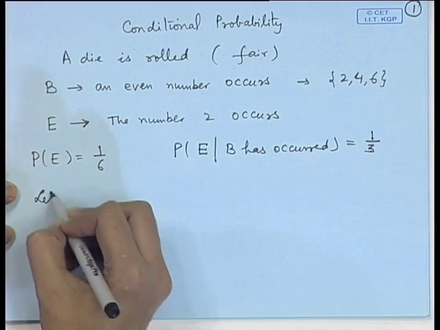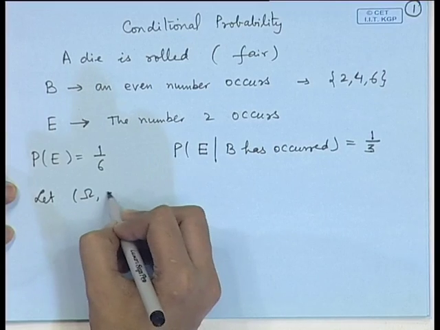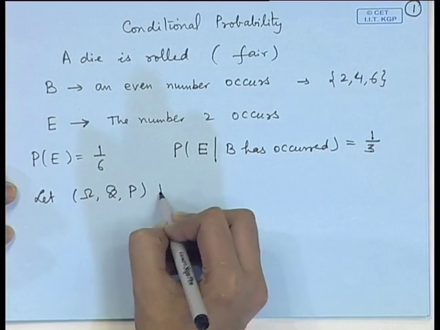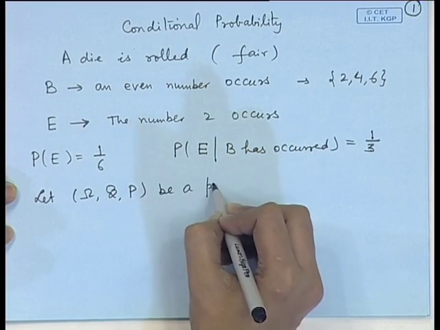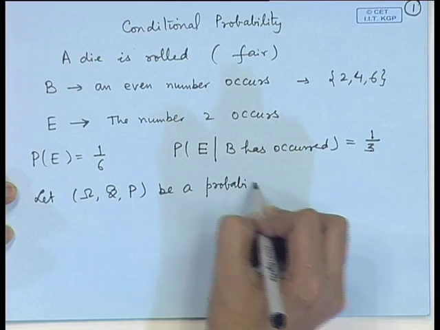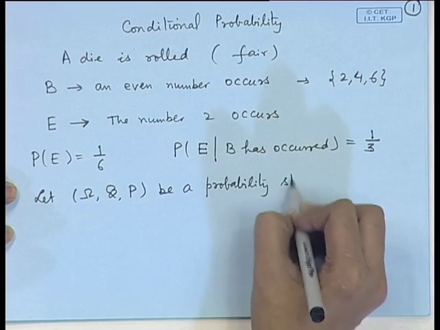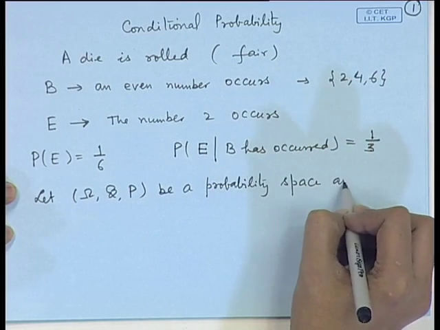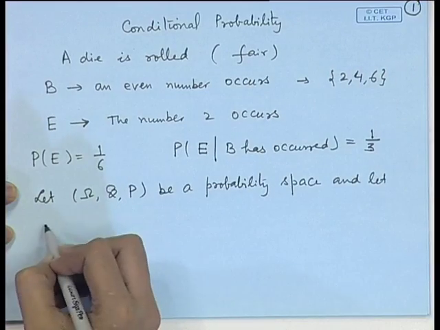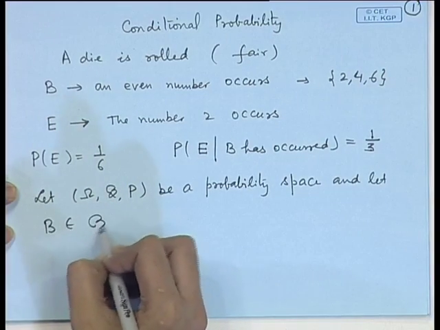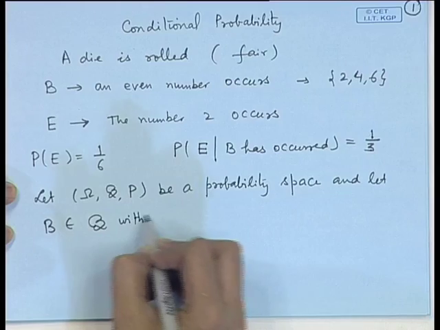Let (Omega, B, P) be a probability space and let B be an event with positive probability.